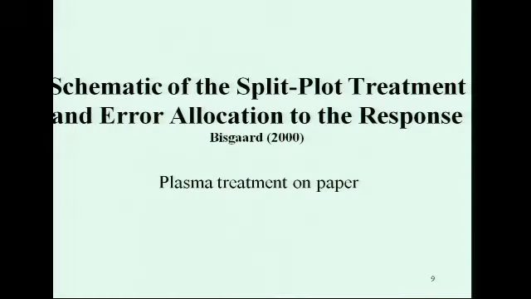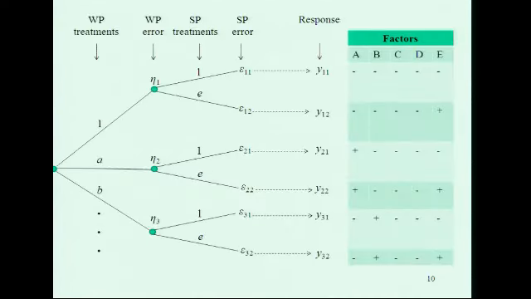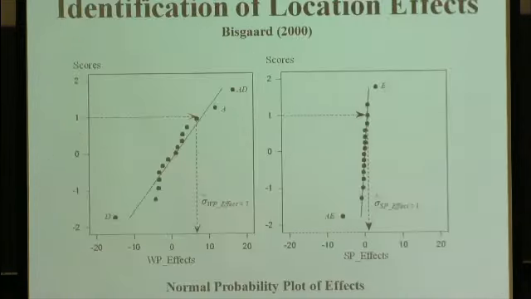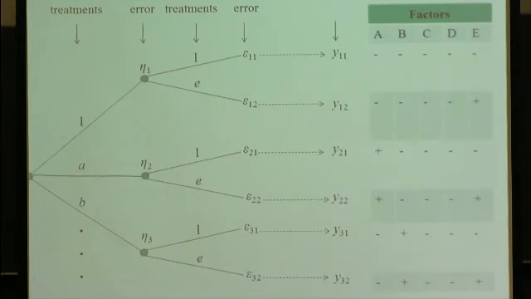I find it useful to see the data displayed in such a fashion. We can understand better why we have two sources of error when we are in a split plot situation. I didn't put here all the 32 treatments, just the first 6, so we can have an idea on how we can use this to our advantage. For example, the first row here represents the first line. So I apply one treatment to a whole plot unit.